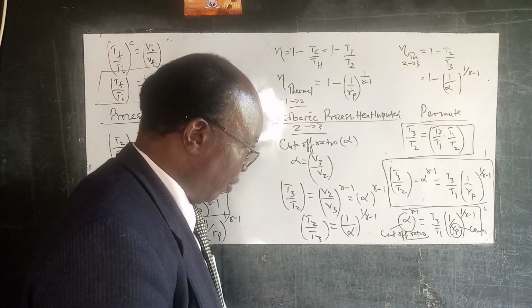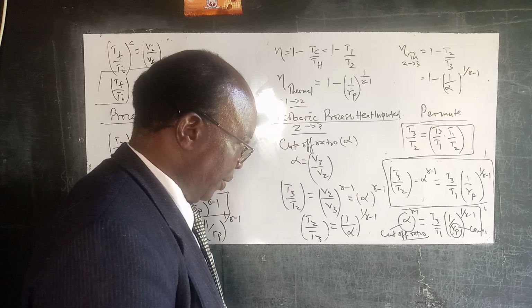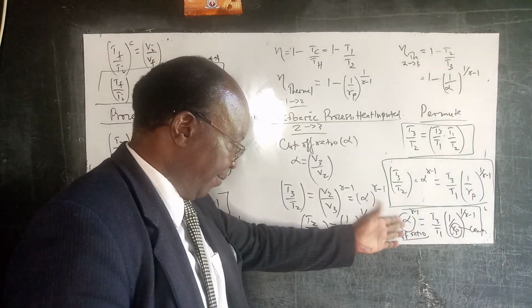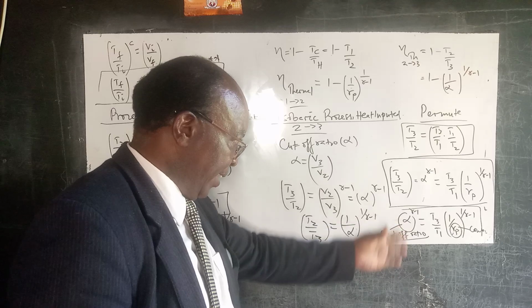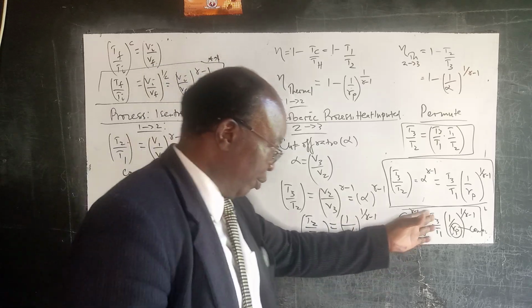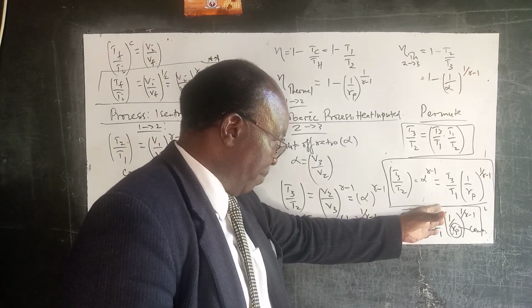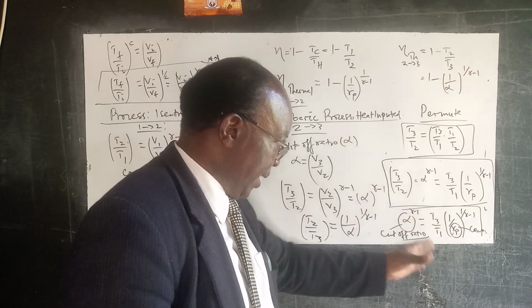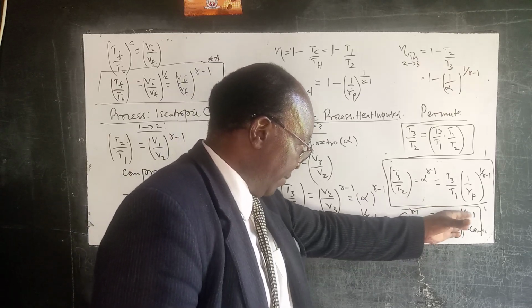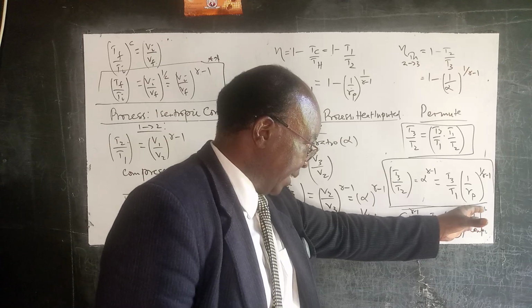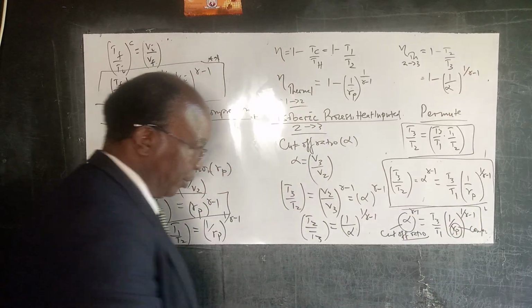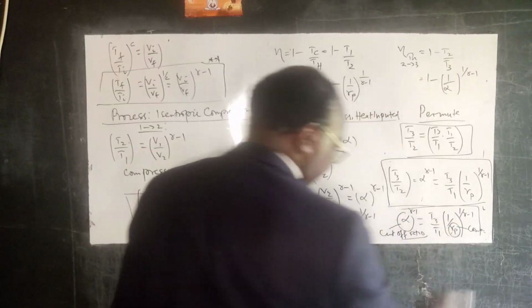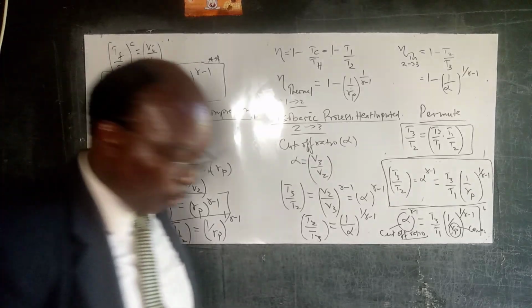If you simplify it further, then alpha is equal to T3 over T1 raised to the power 1 over gamma minus 1, divided by the compression ratio. So we are able to relate the cutoff ratio and the compression ratio.